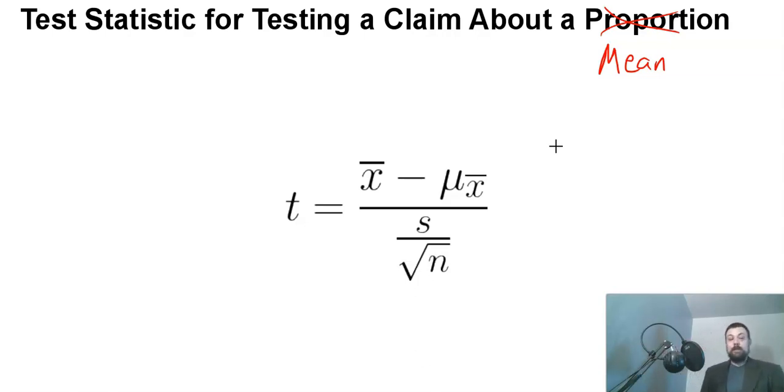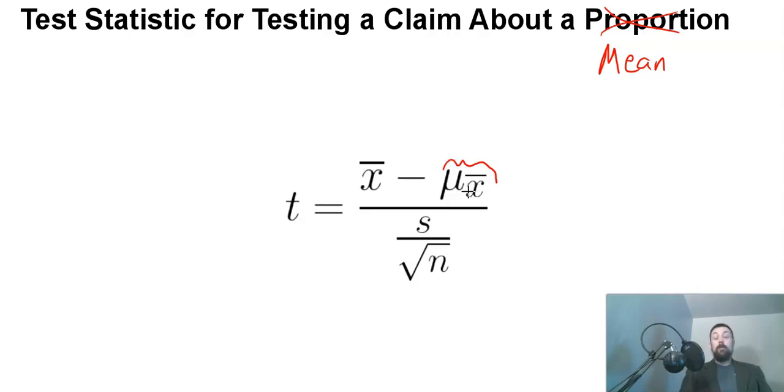So here's the test statistic for testing a claim about a mean when you do not know the population standard deviation. You want to use the t-distribution, and so you will get a t-score as your test statistic. It is the sample mean minus the mean of the sample means, which we will get from the null hypothesis, but maybe not directly.